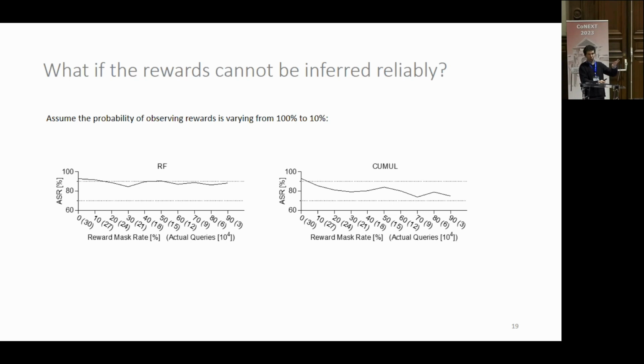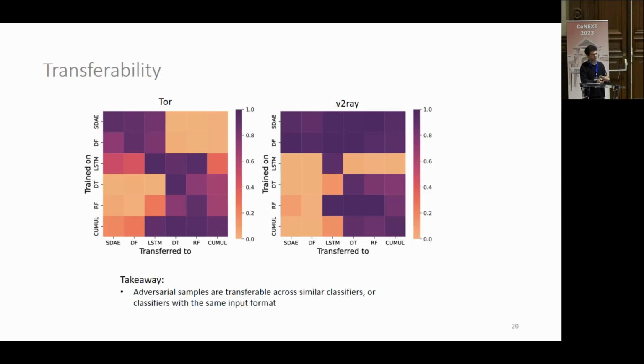Here I'm showing 2 examples with random forest and CUMUL, which is the SVM. Obviously, if you don't get feedback, the training will be affected and the success rate will drop a little bit, but it's still staying relatively good, around 80% or higher. That's pretty good. The numbers in the brackets are how many queries you make, and that has to do with computational complexity and so on.